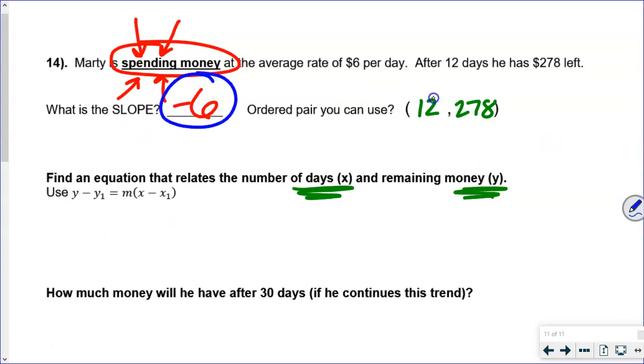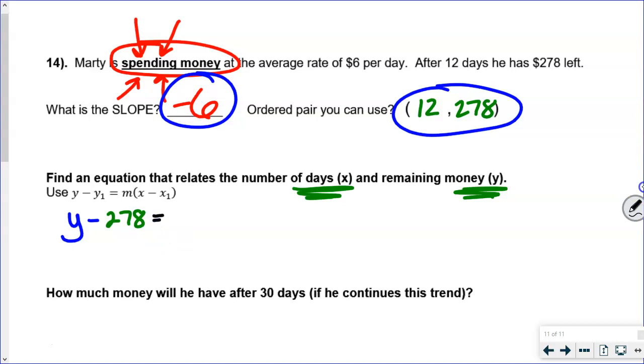So use your slope and use this point and plug it in point slope form. So y minus the y coordinate equals -6. Good. And then x minus 12. Yes, it can, Joey.